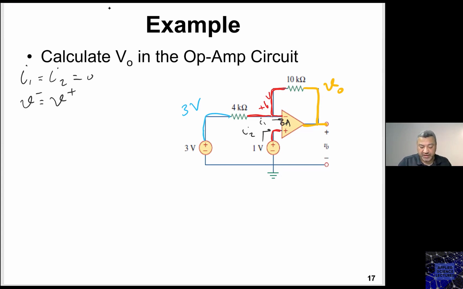Let's look at this current. I will call this one I3, and this current is I4.